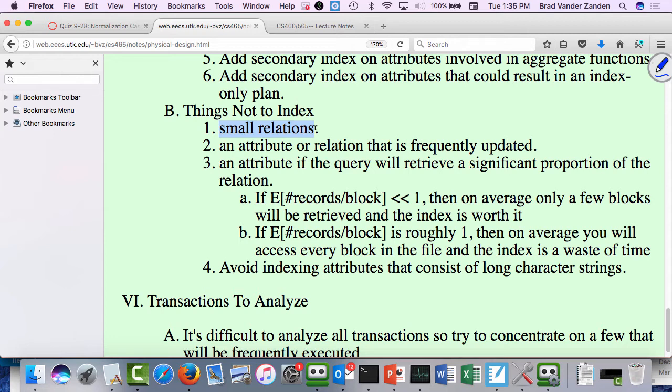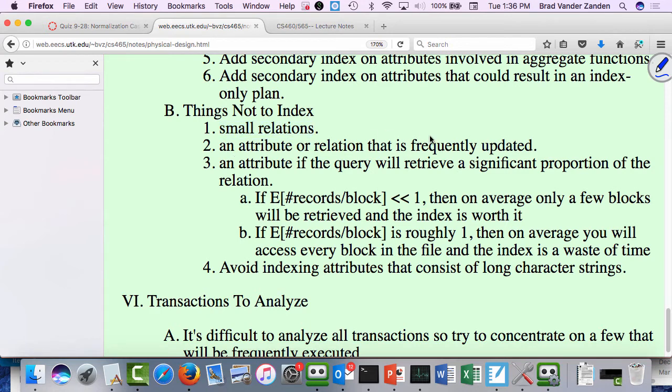Oh, well, if we just read the file, that would also be two block accesses. No win there. So generally with small relations that only occupy two or three blocks, we're not going to index them. By the way, we can probably hold them in memory anyhow. Okay, we'll just cache them. So for that reason also, there are caching strategies. We probably just hold those files in memory.